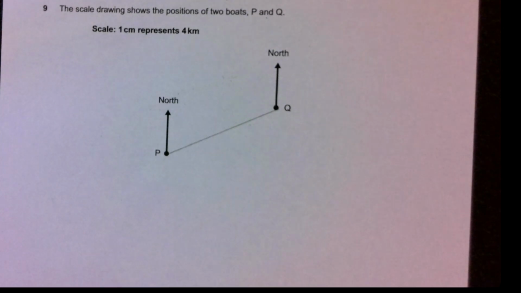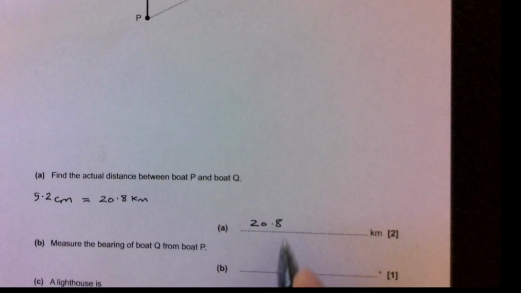So the bearing is 067. Remember, we need 3 figures for a bearing.